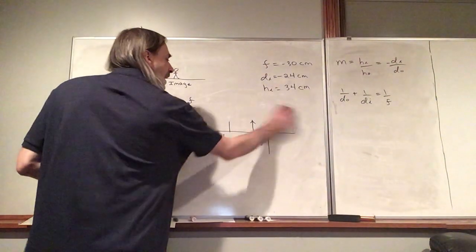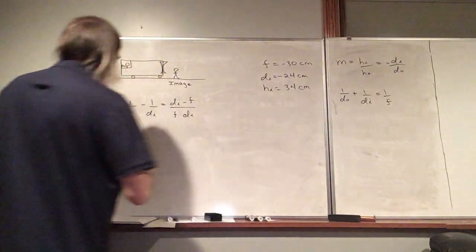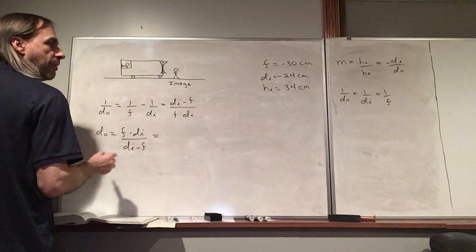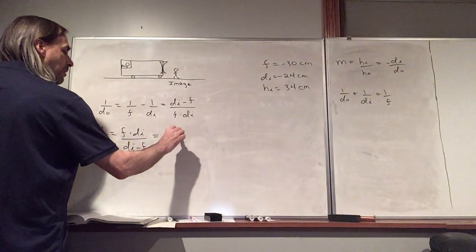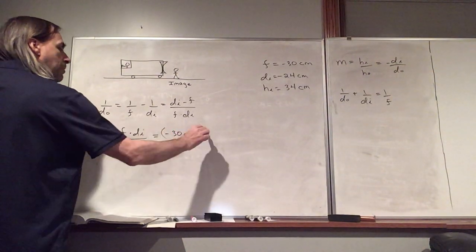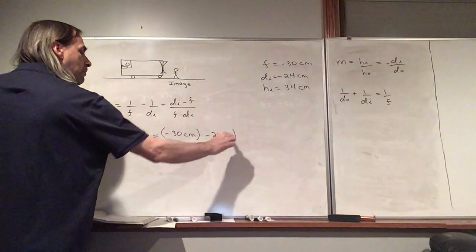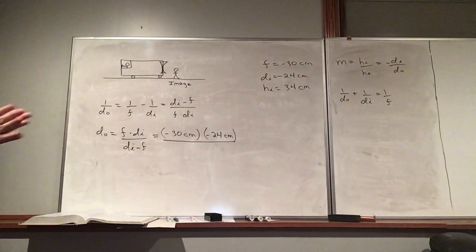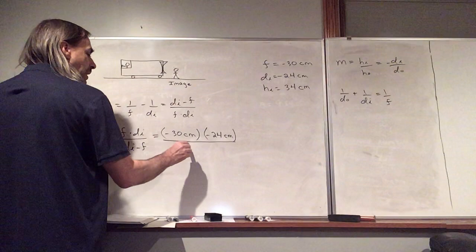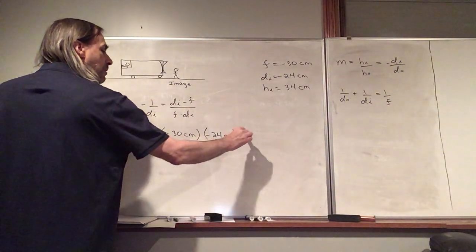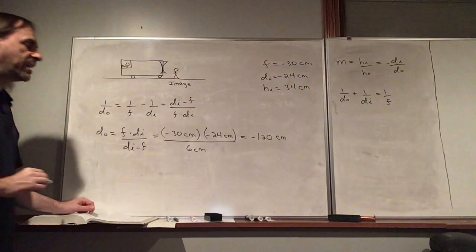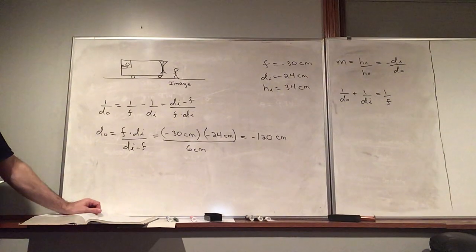Okay, so now with that, the numbers should make a lot more sense. So DO, we can now plug in our numbers. We have the focal length, which is minus 30 centimeters, times minus 24 centimeters, divided by DI minus F. So that would be minus 24 minus negative 30, that would be 6 centimeters. 24 over 6 is 4. 4 times 30 is 120.